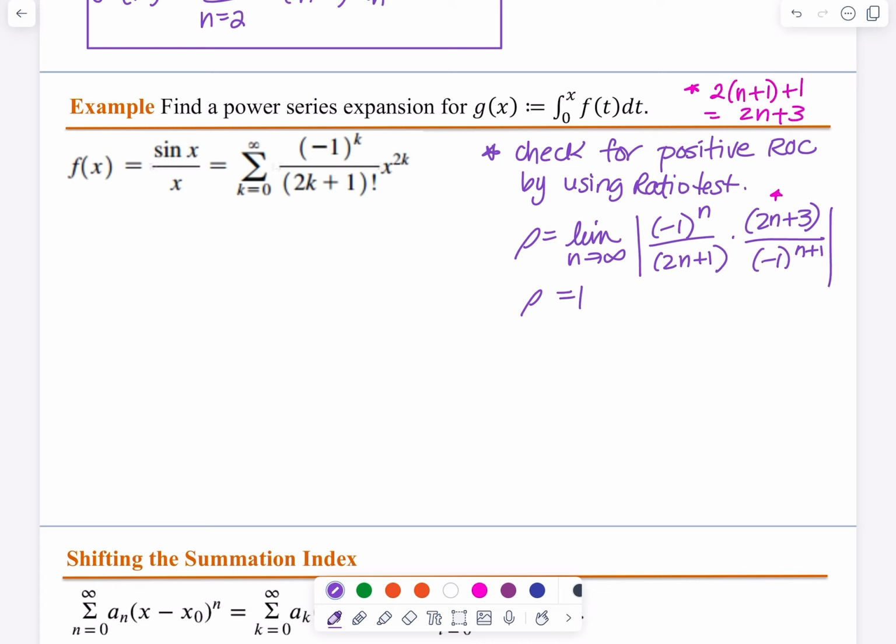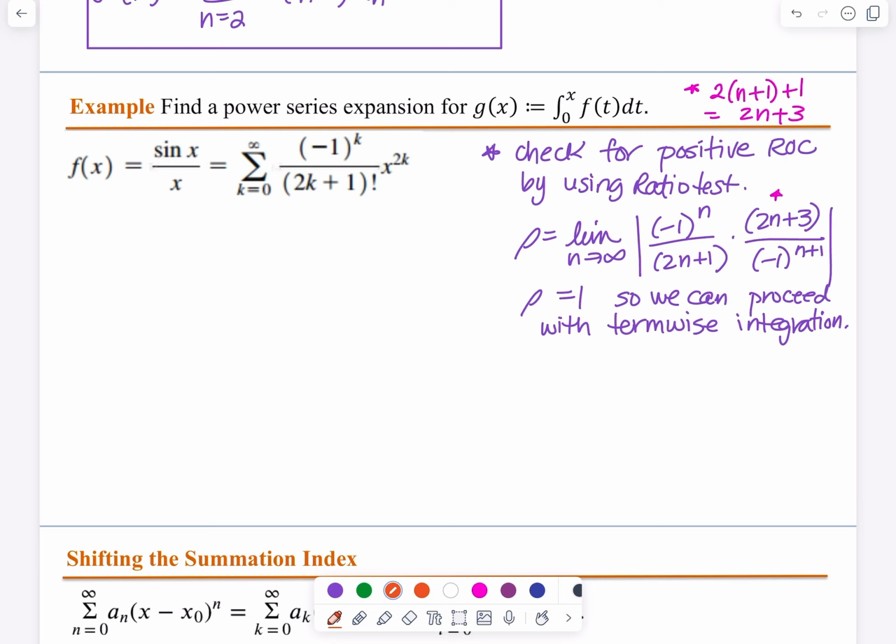So we can proceed with term-wise integration. Okay, so let's do that.